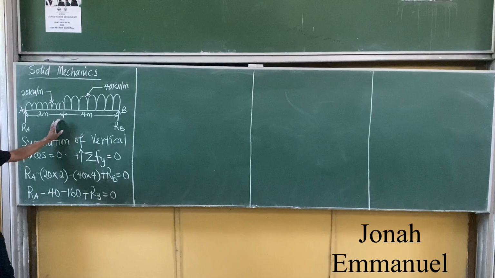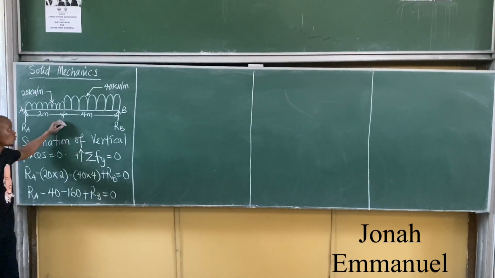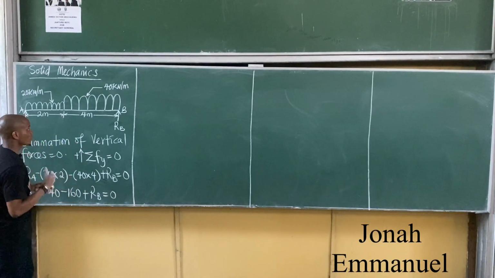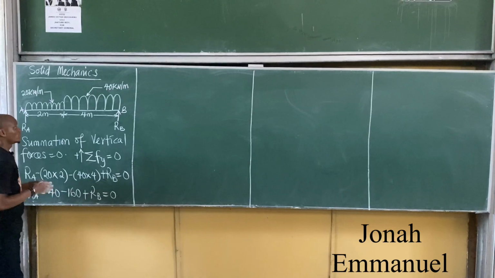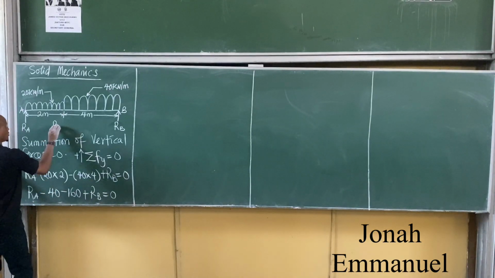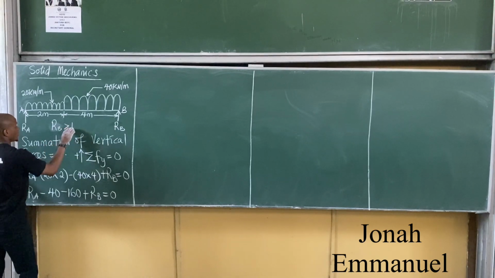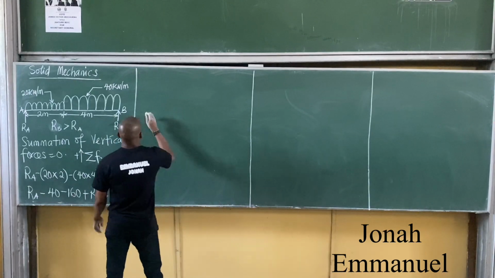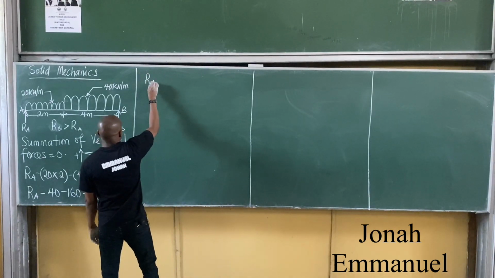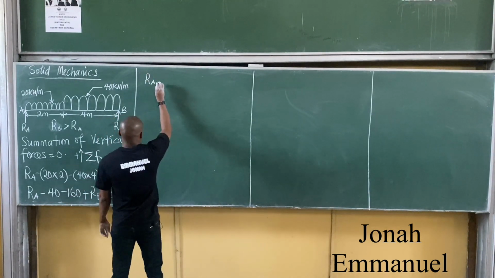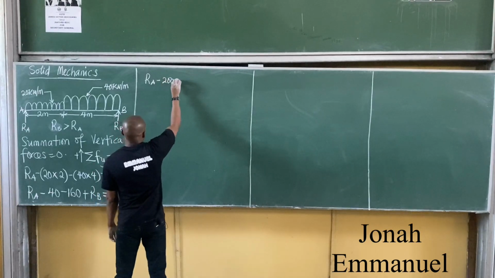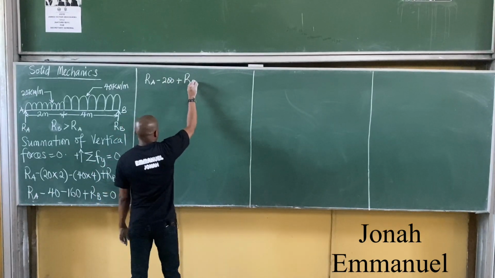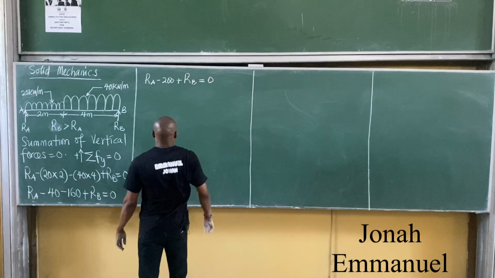Hang on, look at this diagram, please. Which do you think will have a greater magnitude, RA or RB? You're saying that RB should be greater than RA. Okay, let's confirm that. From here, RA minus 40 minus 160 minus 200 plus RB equal to 0.